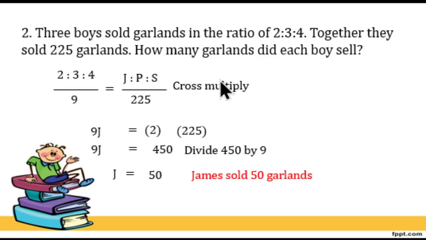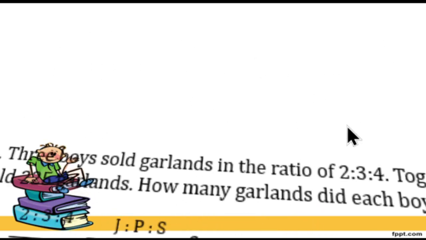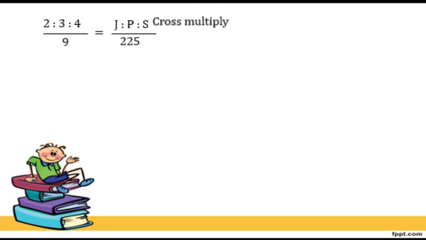Next, let's solve for P or Peter. Okay, so we rewrite it again. 2:3:4 over 9, which is equal to J, P, S, which is equal to 225. Then cross multiply. 9 times P is 9P, which is equal to 3 times 225.